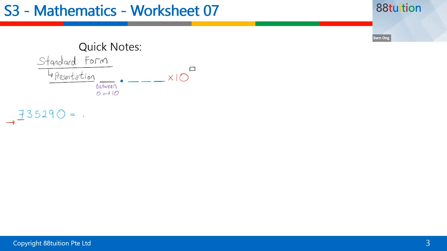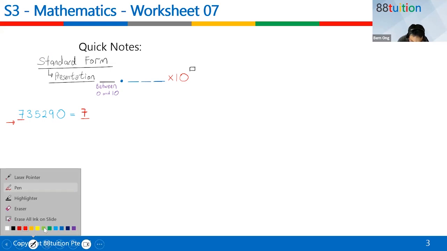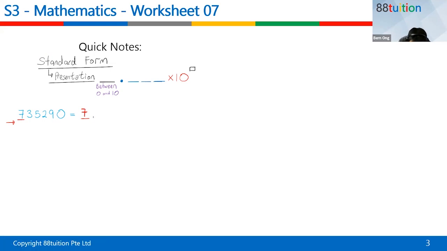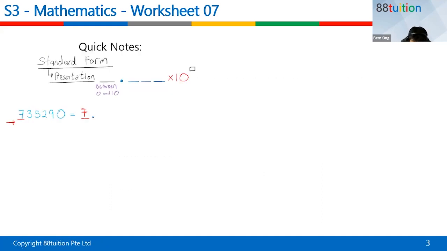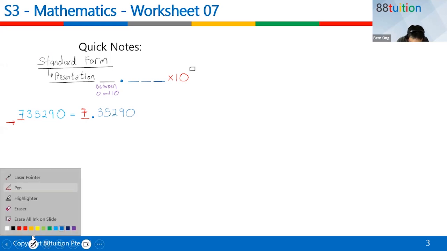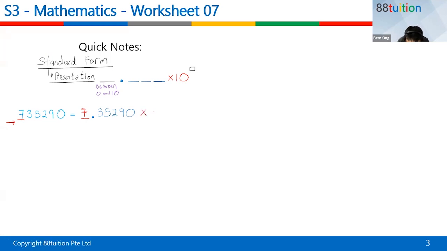That's good. Then you automatically put in your decimal point and put in the rest of your number, which is 3, 5, 2, 9, 0. Then automatically put a times 10 to the power of something.